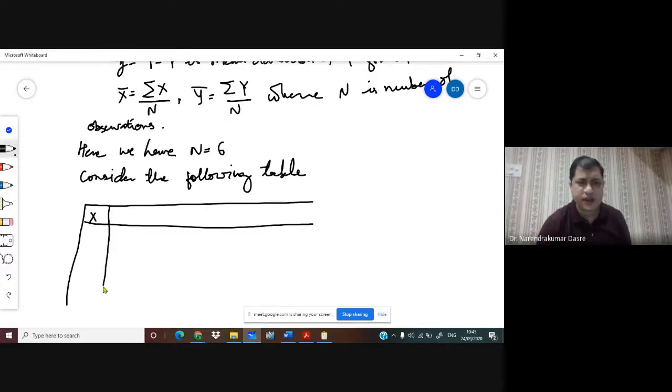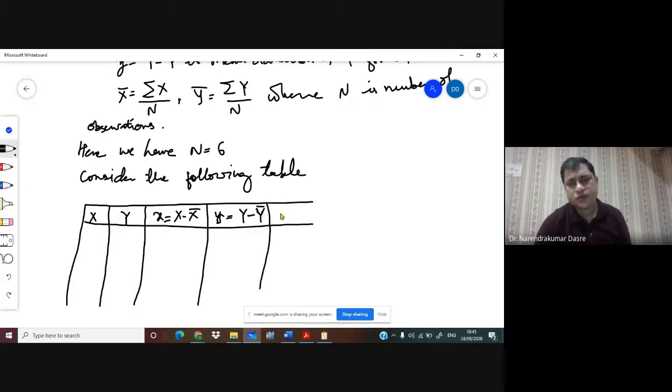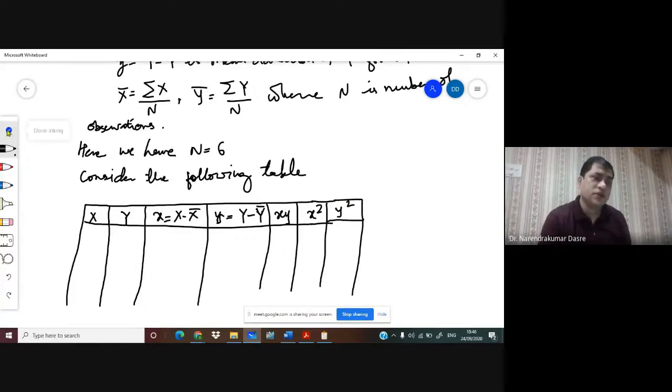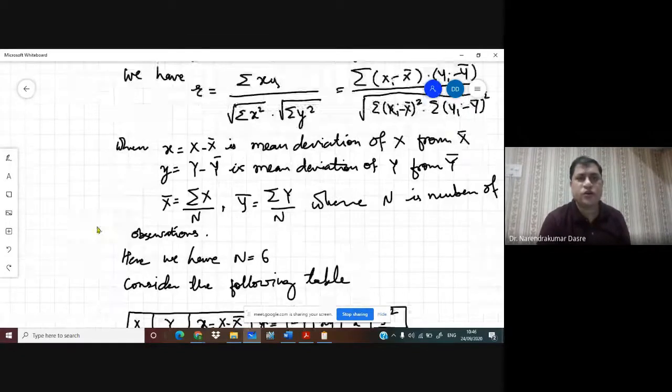We are given x, we are given y, then we want small x, which is capital X minus capital X bar. Then we'll be having small y, which is capital Y minus capital Y bar. Then we have small x into y. Then we need small x square, and then small y square. So this is the table that we have to find.